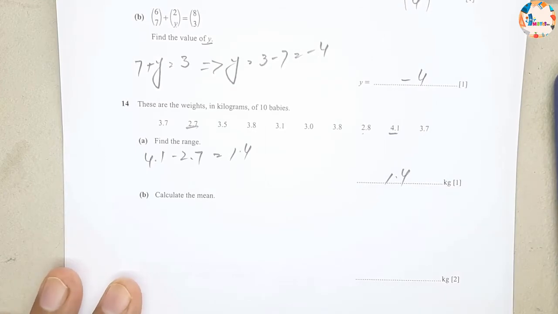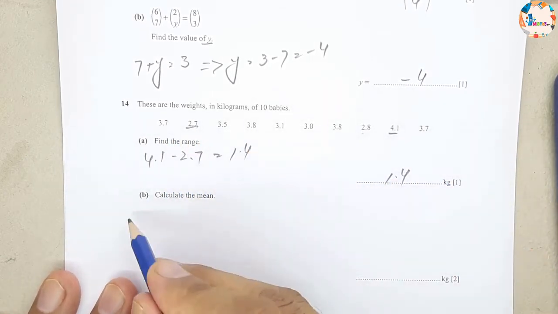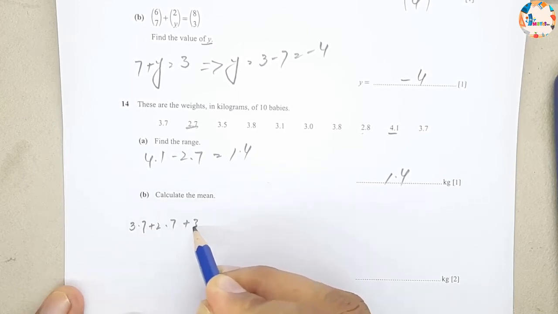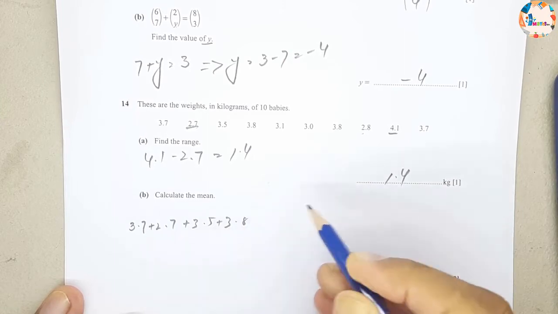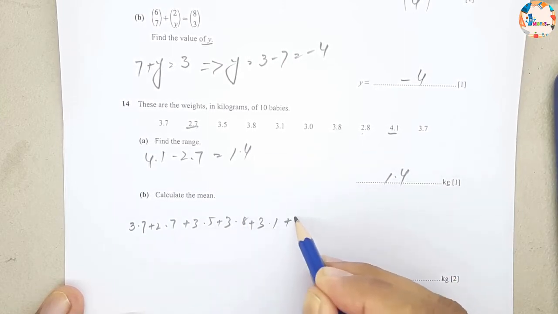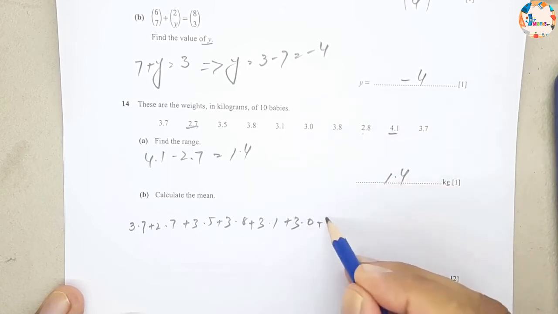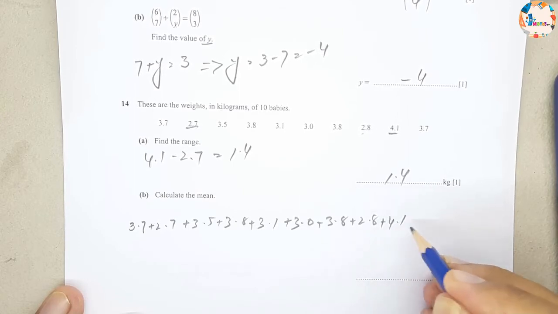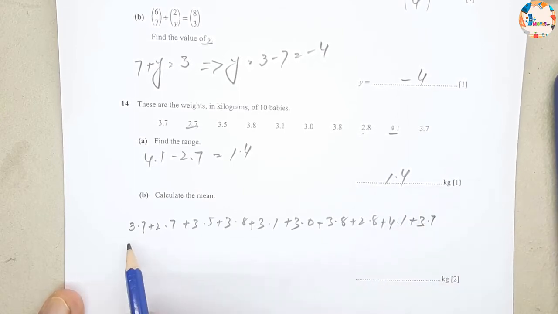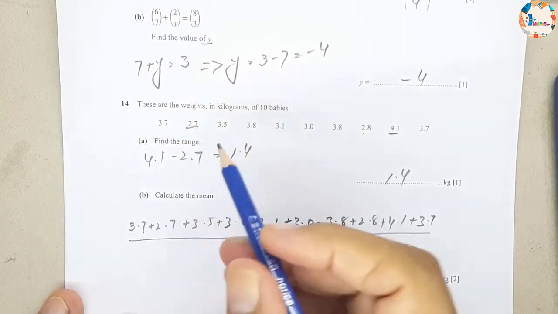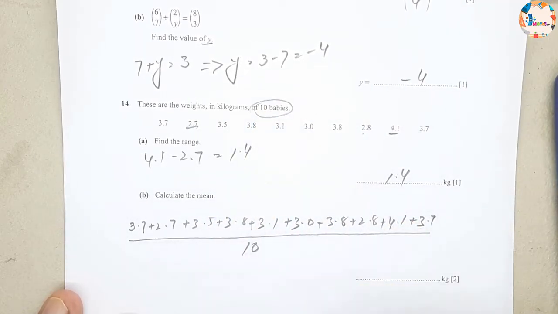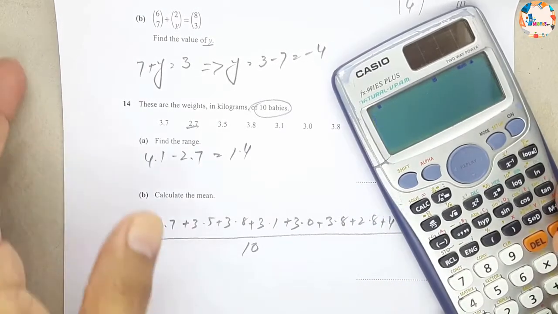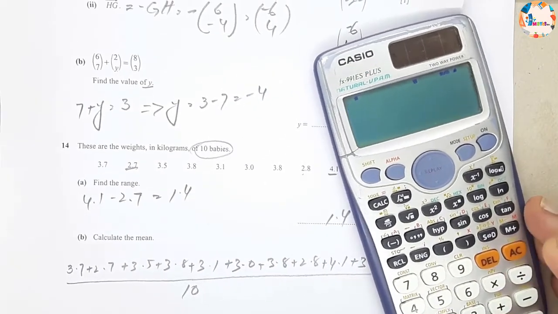Then calculate the mean. For mean value, we have to add them all. So 3.7 plus 2.7 plus 3.5 plus 3.8 plus 3.1 plus 3.0 plus 3.8 plus 2.8 plus 4.1 plus 3.7, and this whole thing will be divided by the number of babies, which is 10, so divided by 10. Now we have to add them all, so we'll have to add carefully so that there should not be any mistake.